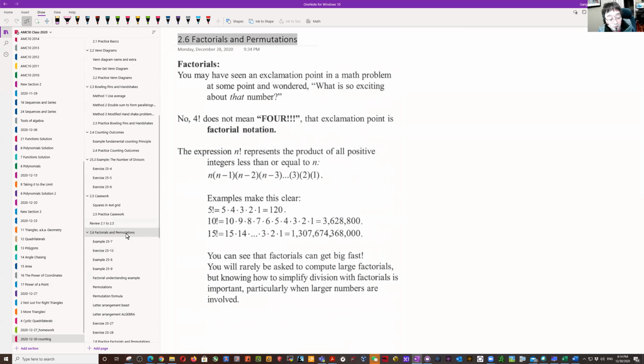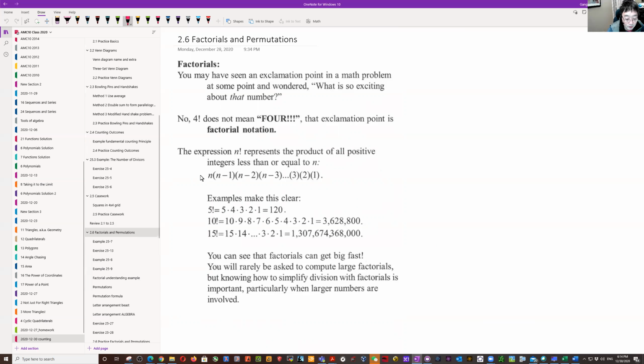And then we have factorial and permutation. The factorial basically says that n factorial starts from n and descends all the way to 1.